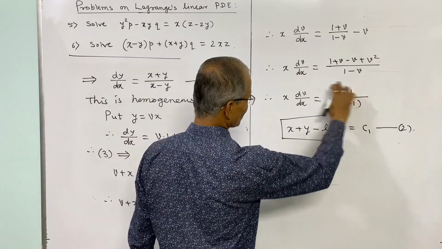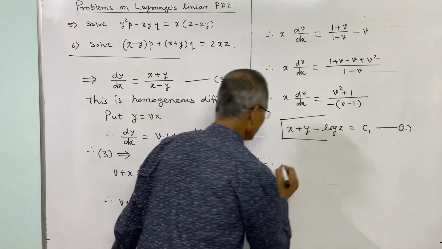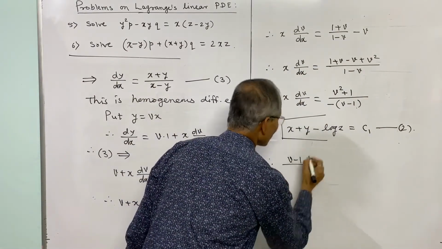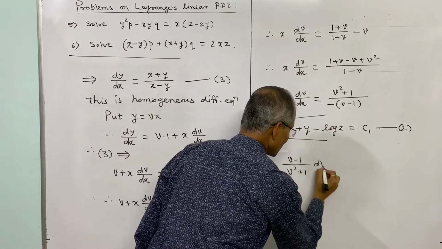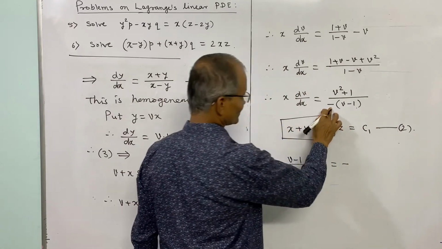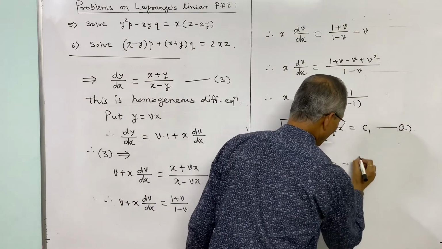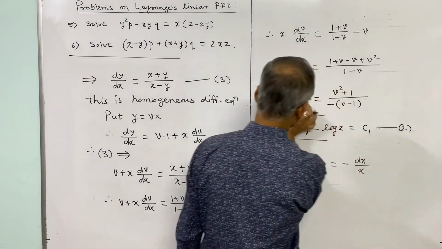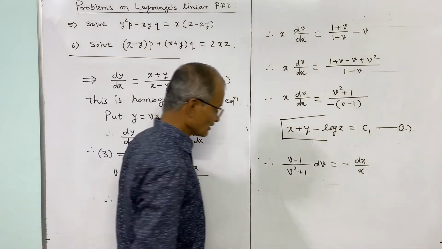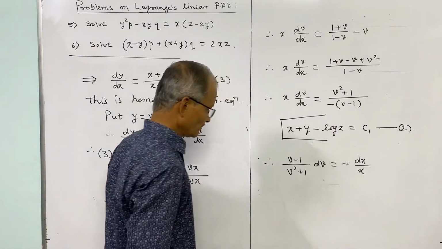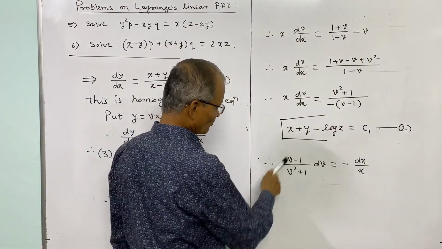I shall shift this term to this side: (v minus 1) divided by (v square plus 1), the reciprocal of this, into dv, is equal to minus dx divided by x, keeping the minus sign on the right side. And we have to integrate it.